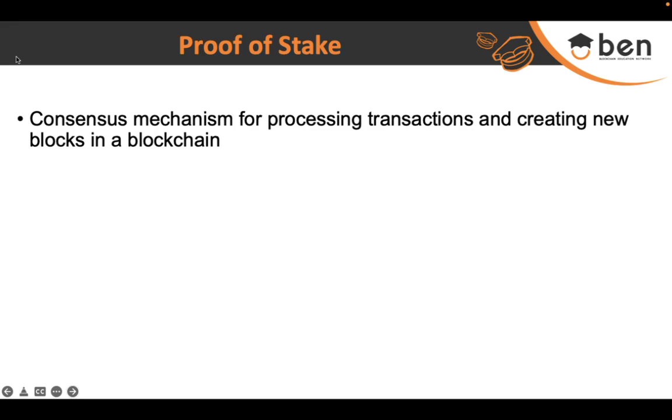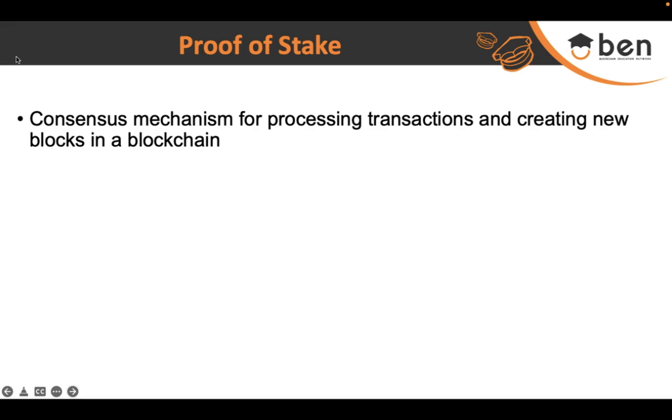But the consensus mechanism can be of various types. Proof of work, we have discussed in our previous lectures. It is the protocol followed by the Bitcoin blockchain. But proof of stake works in a different manner, and it is now adopted by the Ethereum blockchain.